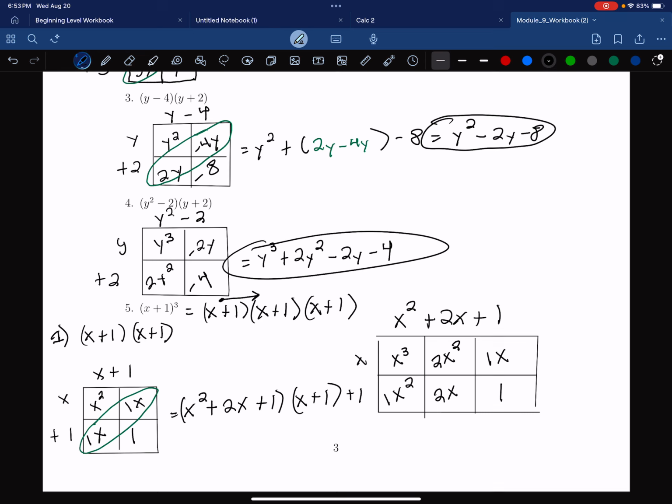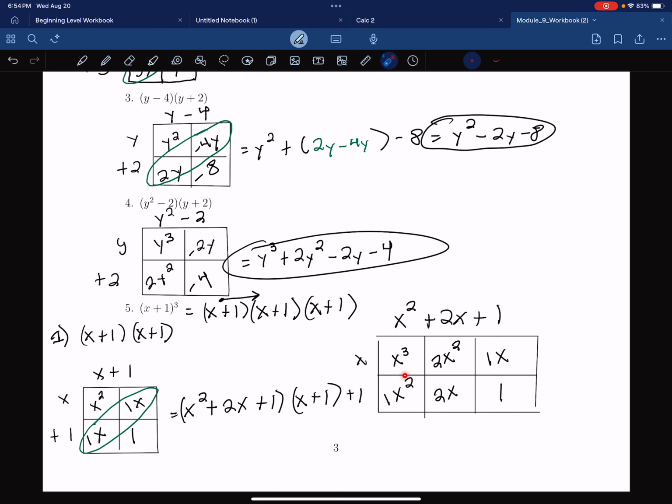And now, all we have to do to finalize our answer is add everything together and combine like terms if we have any. So let's look at our box to see if we have any like terms. We have an x cubed here, but nothing else in this box is x cubed. We have 2 times x squared. Do we have anything else in this box that is x squared?